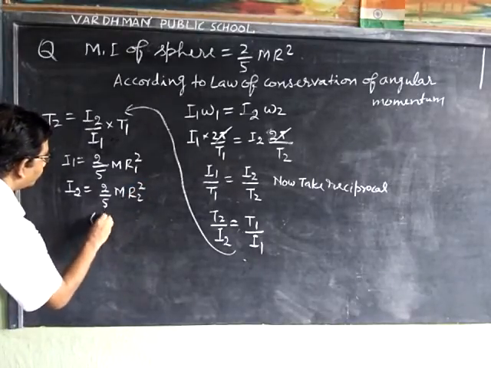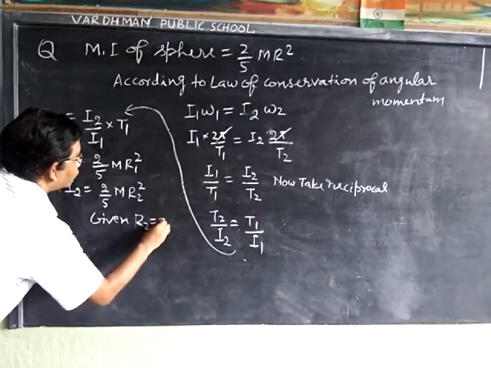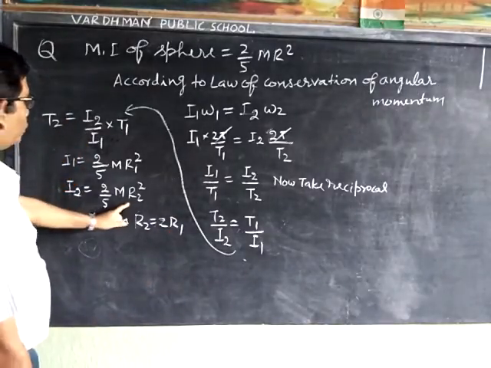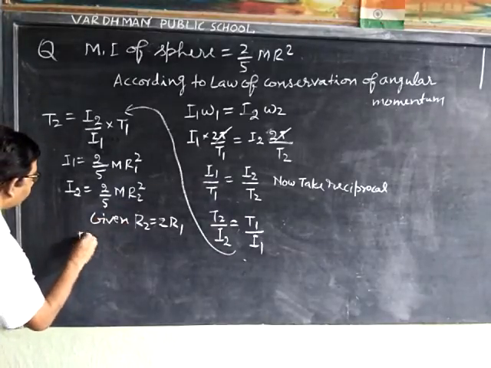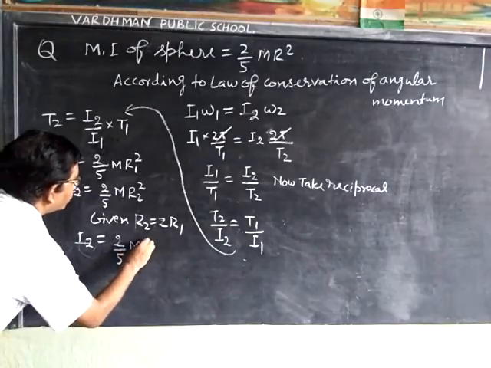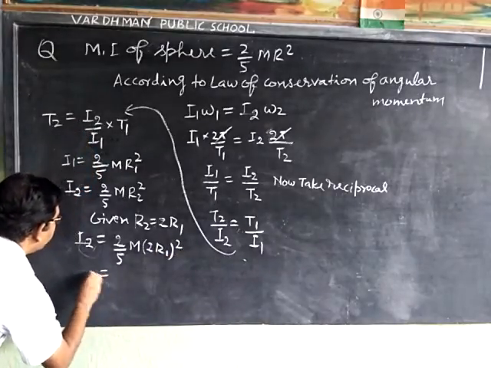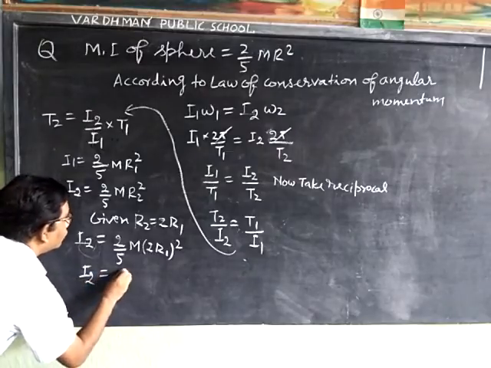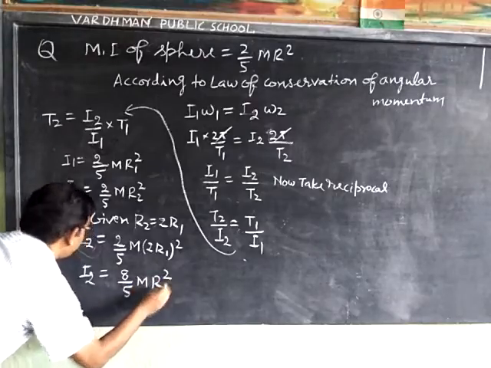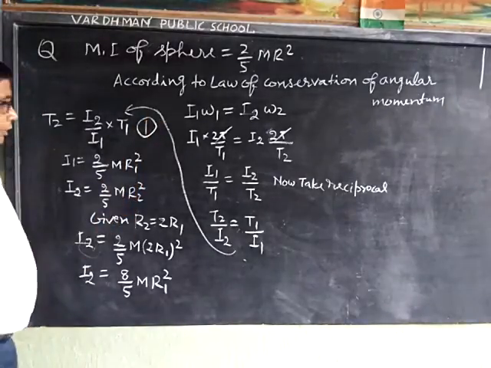Given r2 is equal to 2 r1. Then I2 is equal to 2/5 m (2 r1) square. That is I2 is equal to 8/5 m r1 square.